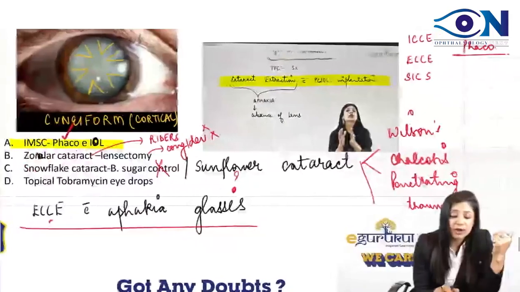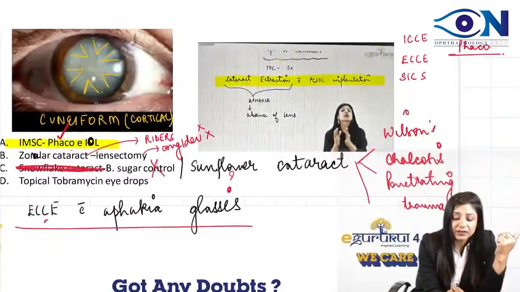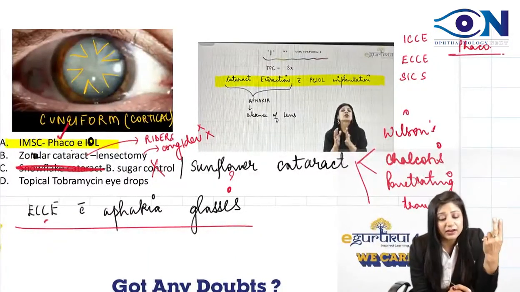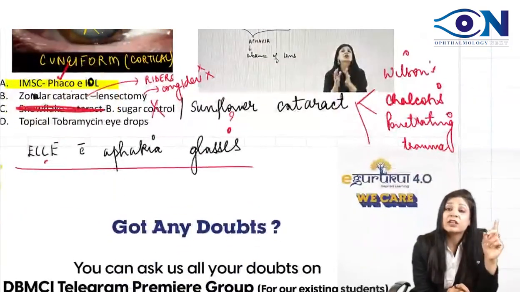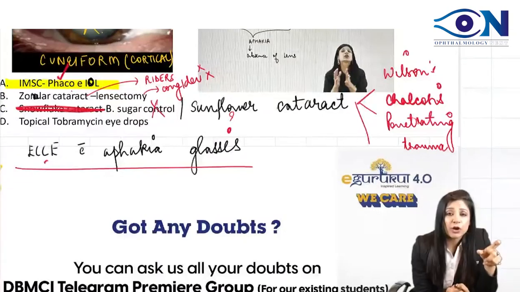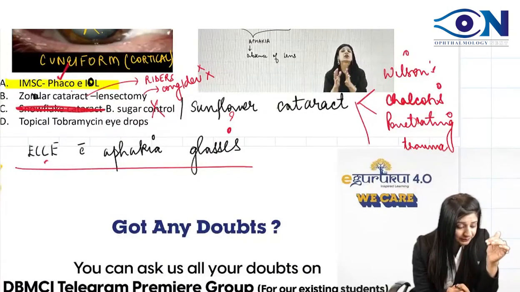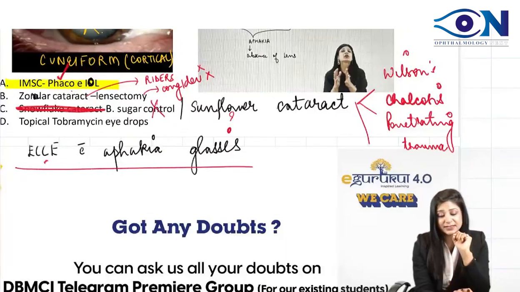Okay, so they did not give the snowflake cataract. They gave the sunflower cataract. They said about the blood sugar control. And what was this? Did they talk about the tobramycin eye drops or ECCE with the aphakia glasses? Definitely in the causes of sunflower cataract we are having the penetrating trauma and the Wilson's disease.